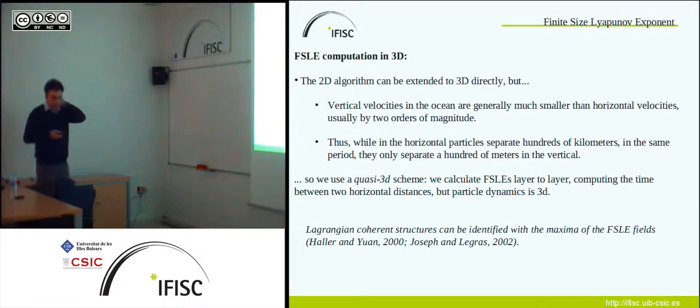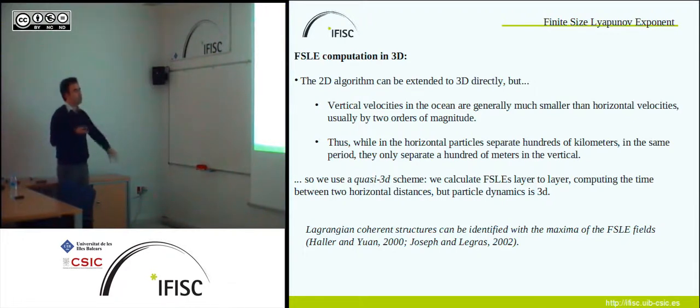So this creates a problem, because when we calculate the dispersion of particles, in the horizontal it can be tens or hundreds of kilometers, in the vertical you would almost reach tenths of meters. So that is a problem, because then the vertical dispersion won't count to the final distance.